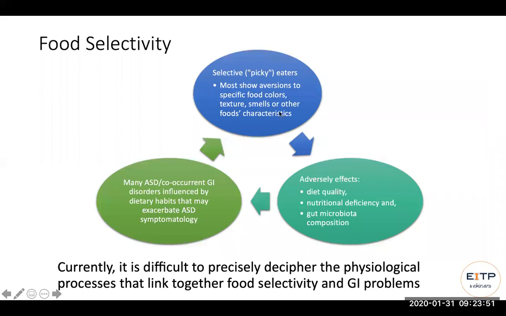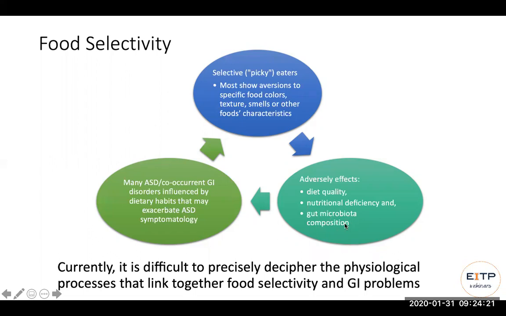Selective eaters show aversions to specific food colors, textures, smell, or other food characteristics. These are the GI disorders, and all this food selectivity may adversely affect diet quality, can cause nutritional deficiency, and can affect the bacteria in our gut.